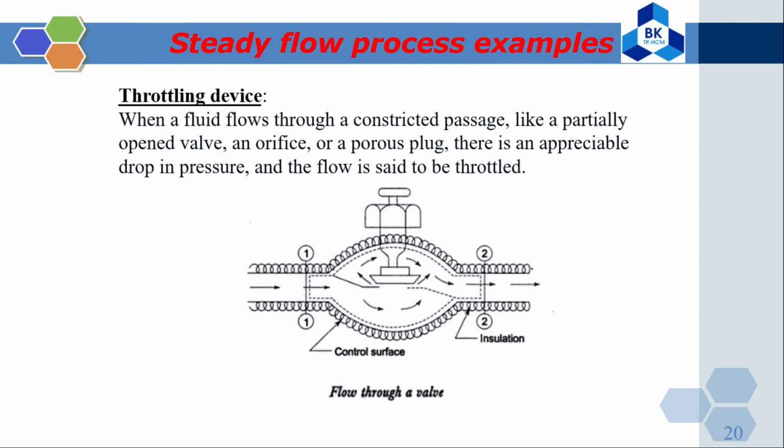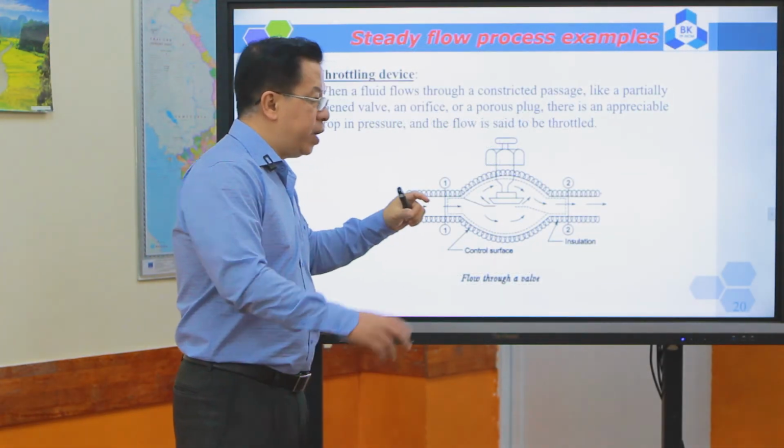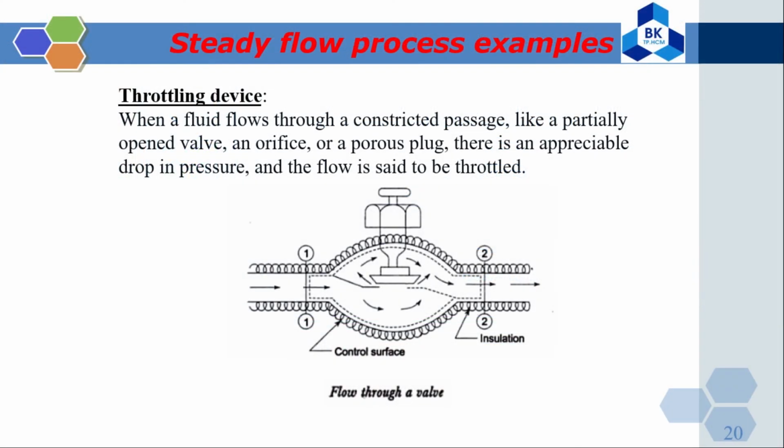The second example we do is for the throttling device. For example, the valve: normally in a system we have a valve, right? So the valve here is one example of a throttling device. When the fluid flows through a constricted path, like a partially open valve, an orifice, or a porous plug, there is a drop of pressure and the flow is said to be throttled.